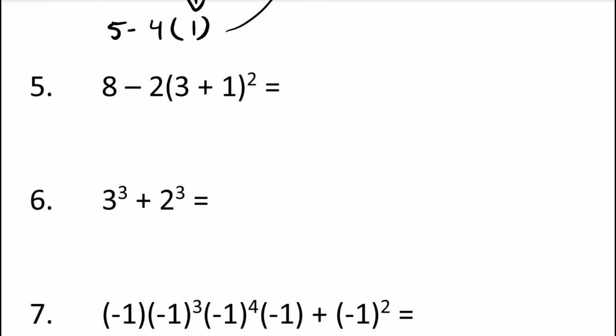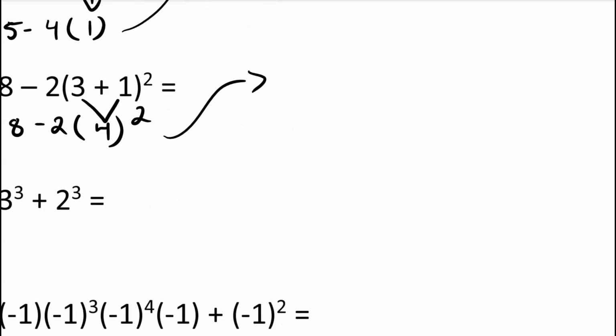In example 5 here, we have 8 subtract 2, and in the brackets 3 plus 1, closing the brackets, squared. So again, going by the order of operations, brackets come first, so we want to address this part here. 8 subtract 2 comes down, and 3 plus 1 makes 4 to the power of 2.